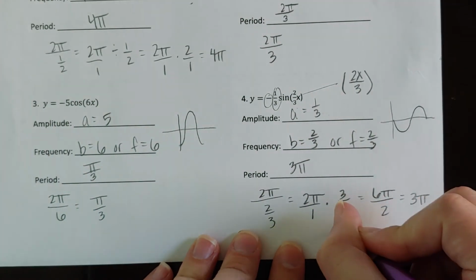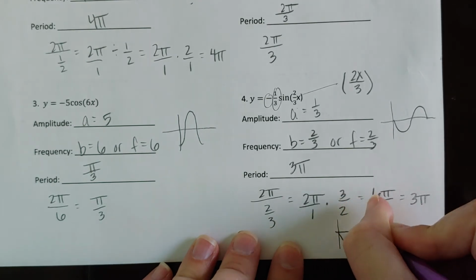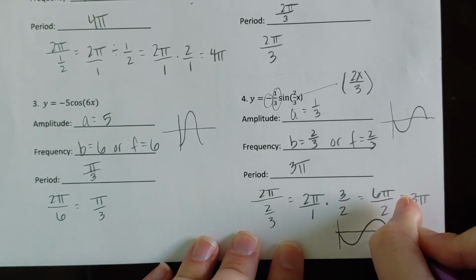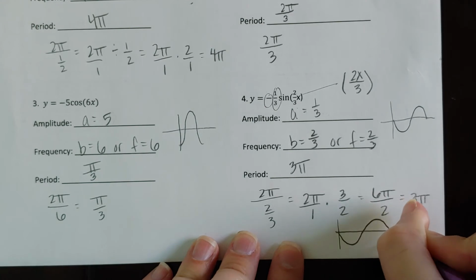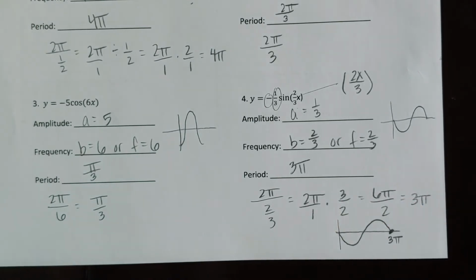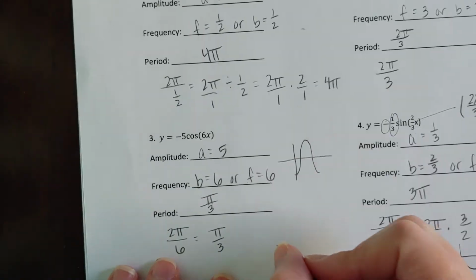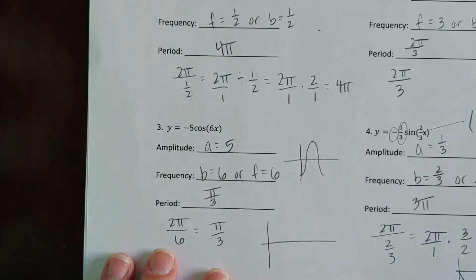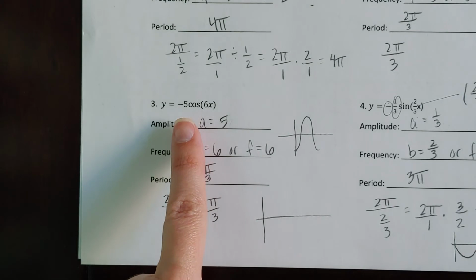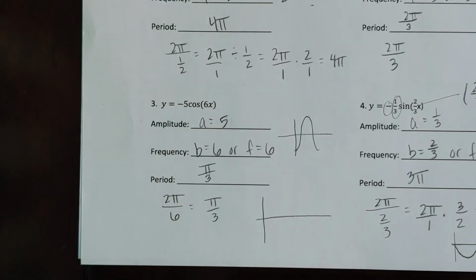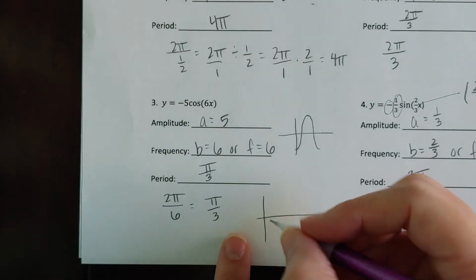So if this is your graph, where it ends right here, this is 3 pi, is what we're saying. This one, I'm just sketching so you can see the period part of it. This one, this -5 cosine of 6x, had a period of pi over 3.